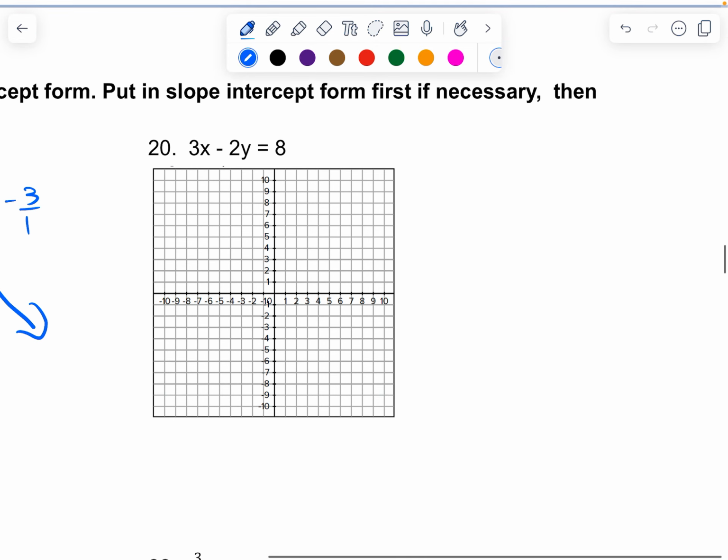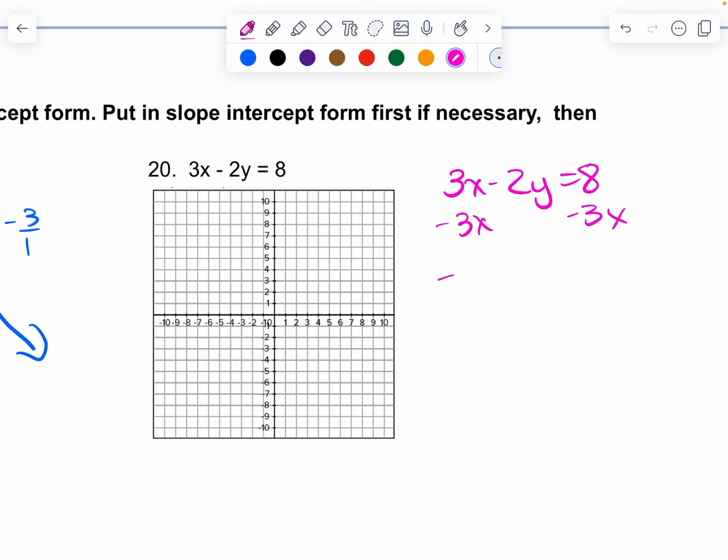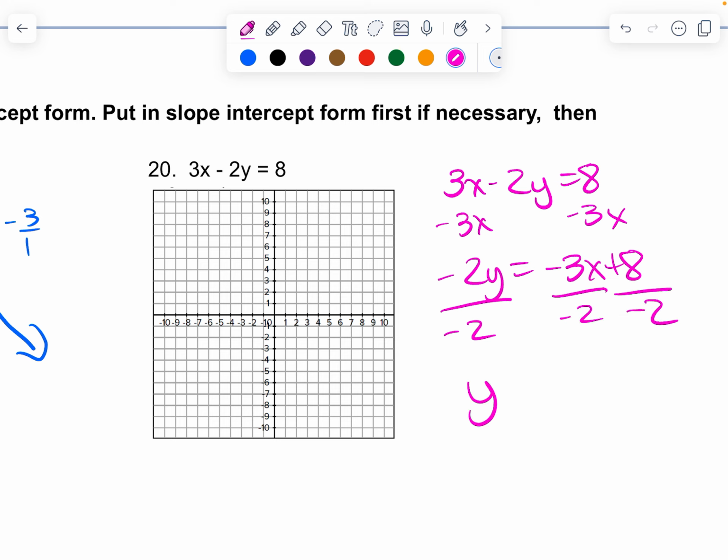Okay. This next one is not in slope-intercept form, so we need to put it into slope-intercept form before we can do anything. So we subtract 3x from both sides, get negative 2y equals negative 3x plus 8. Divide by negative 2 on every term. Y equals 3 over 2x minus 4. So I'm going to plot my 0, negative 4, and then my slope is going to go up 3 and to the right 2.